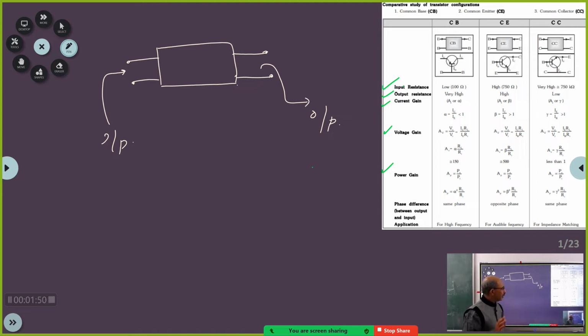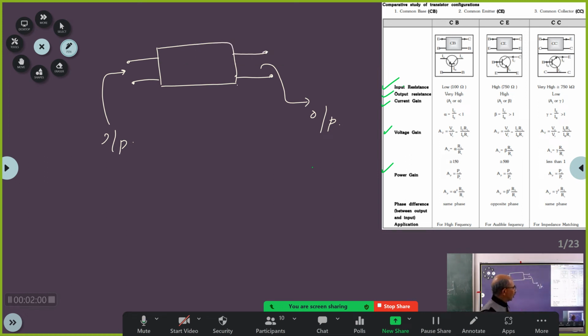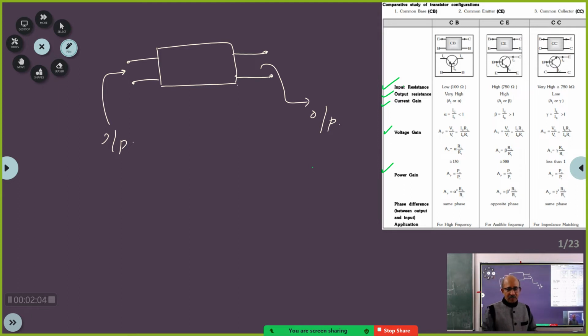We are going to use the transistor to get something at the output, and you will learn this in engineering. I want so and so voltage gain, so and so power gain, or so and so current gain. These are all design specifications.